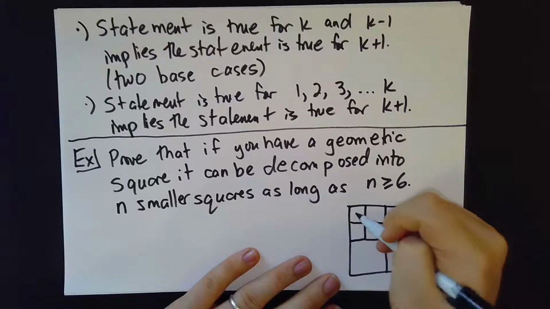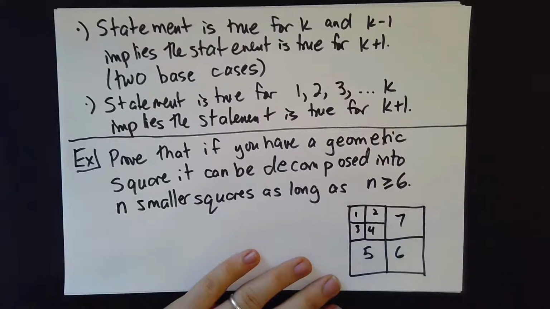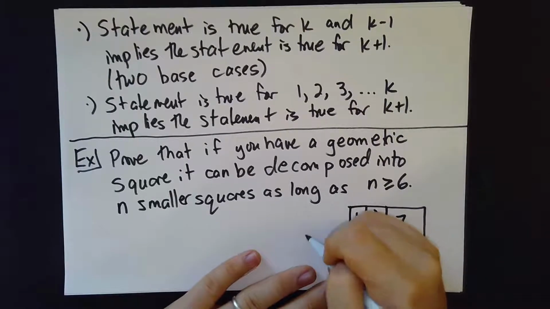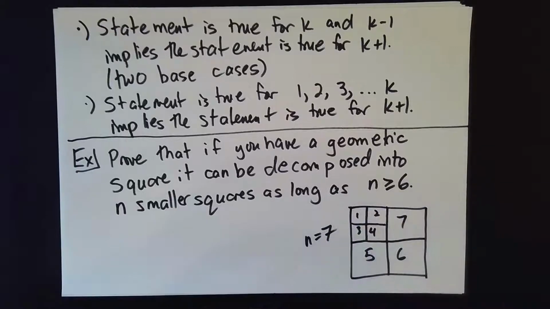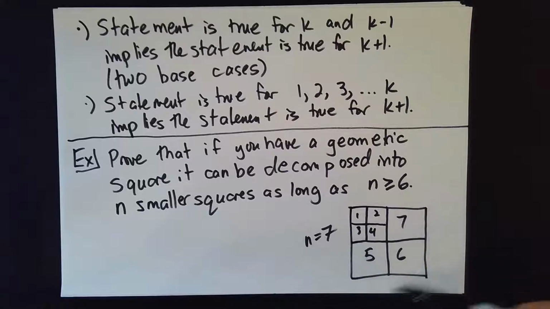Okay, so this is 1, 2, 3, 4, 5, 6, 7 squares. And so this is what I'm talking about, is I am talking about breaking the square into smaller squares in some capacity like this.